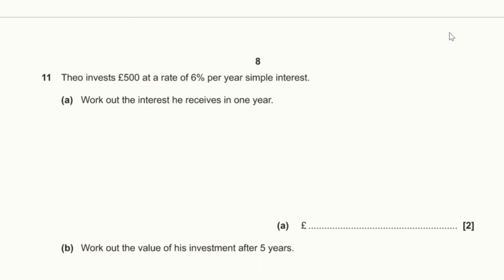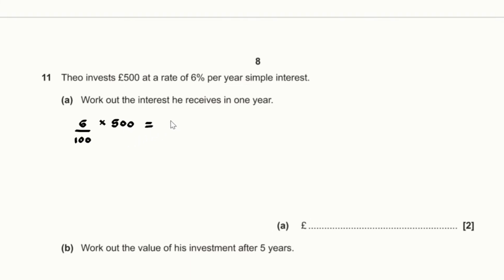Question number 11. Theo invests £500 at a rate of 6% per year simple interest. We have to work out the interest he receives in 1 year. Well, what we need to do is work out 6% of 500. 6%, well, that's the same as 6 over 100. And we will then multiply this by 500.